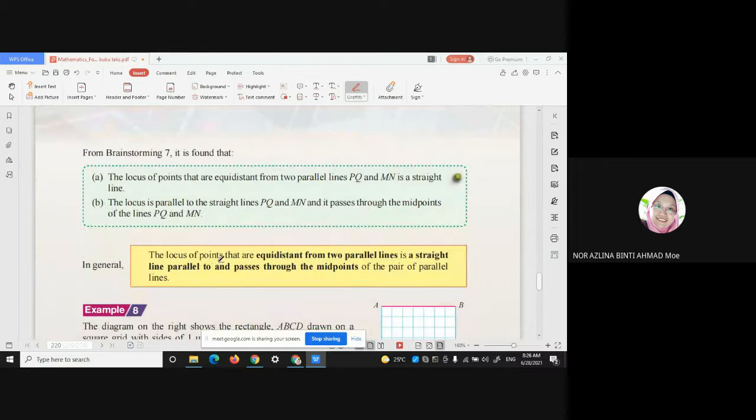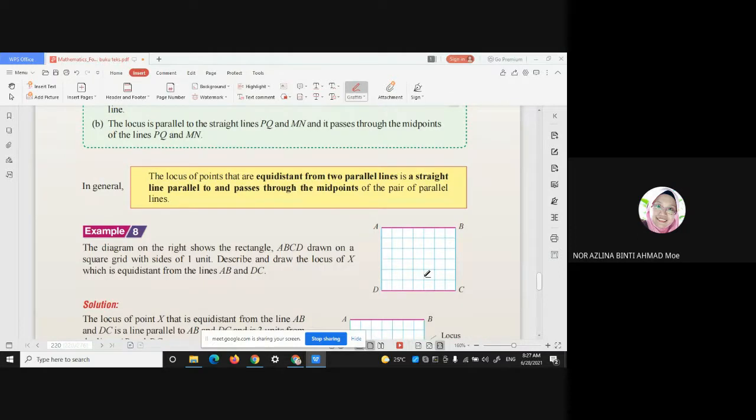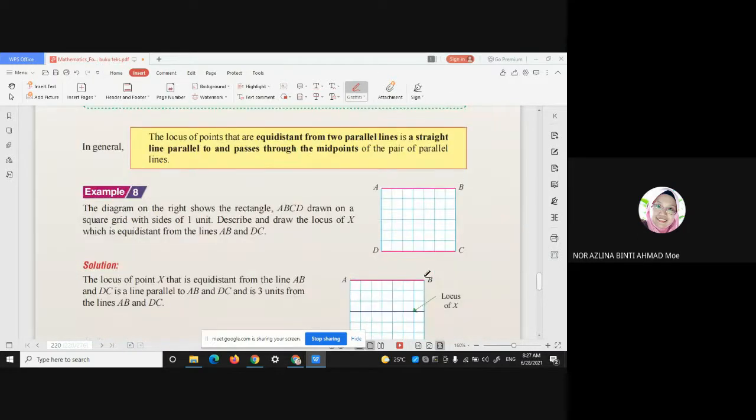The locus of points that are equidistant from 2 parallel lines is a straight line parallel to and passing through the midpoint of the pair of parallel lines. Example 8. The diagram on the right shows the rectangle ABCD, drawn on a square grid with side of 1 unit.